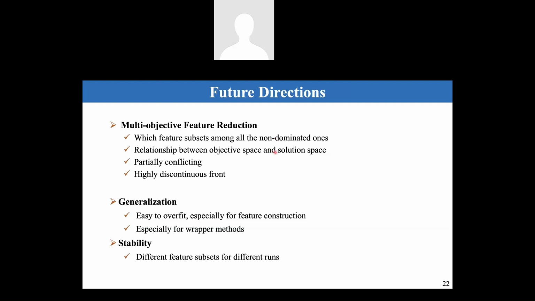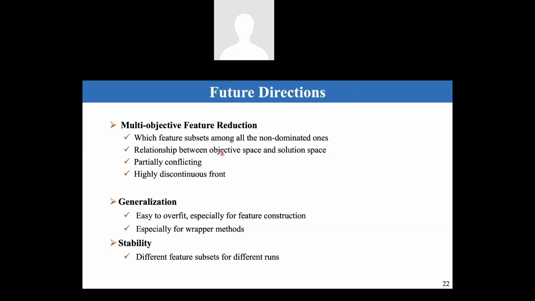The other one here is that most of the existing multi-objective feature selection methods only perform crossover and mutation based on the objective space. We select a solution, and then we do crossover and mutation on the solution. However, there is somehow a disconnection between the objective space and the solution space.